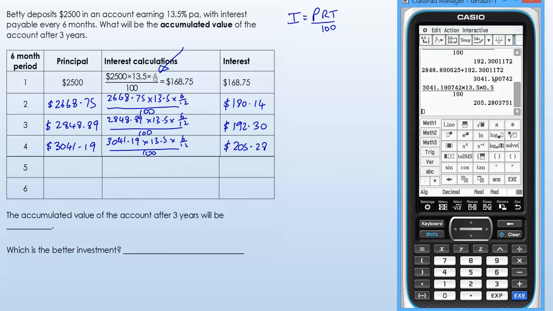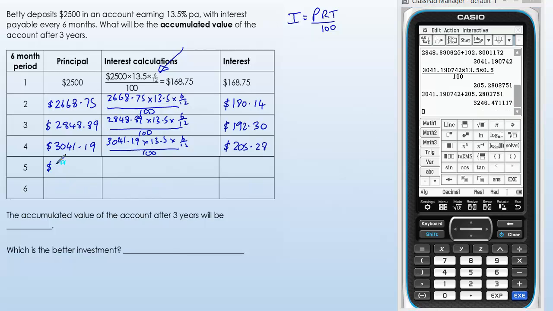And so the next principal is the last principal. Add the interest, and that's 3,246.47, and repeat the step.